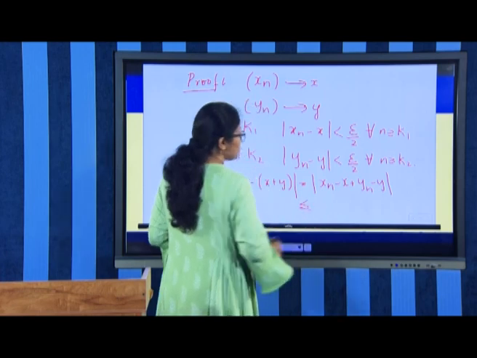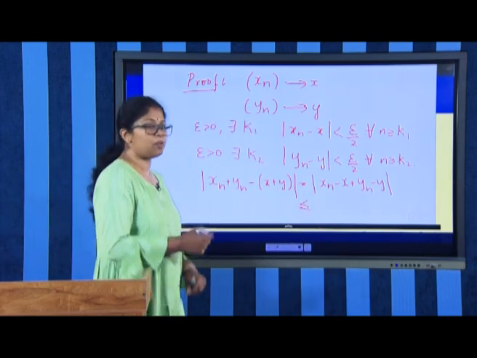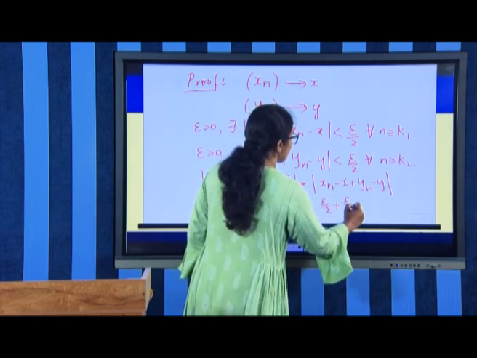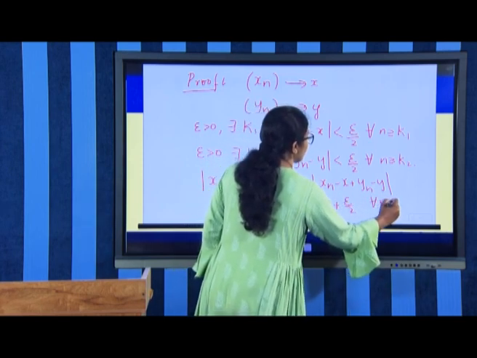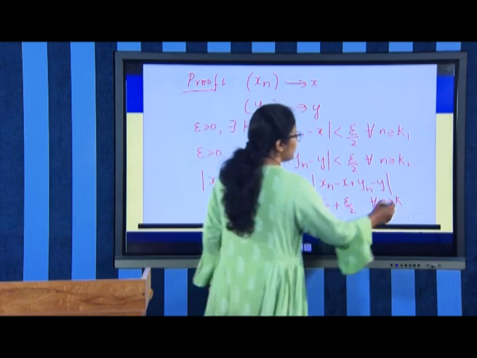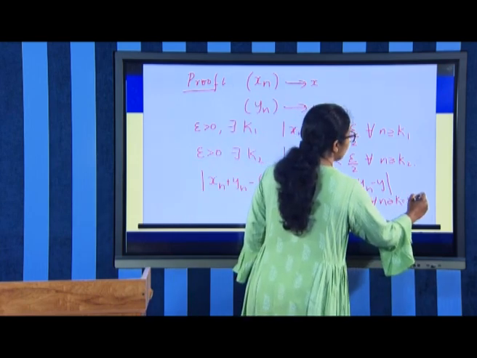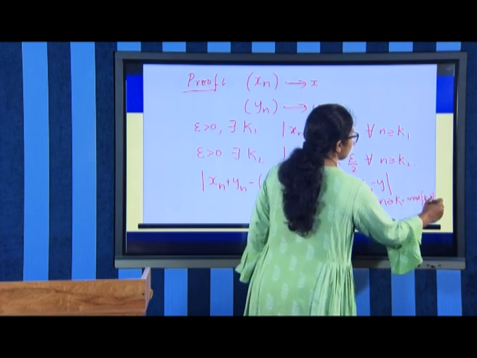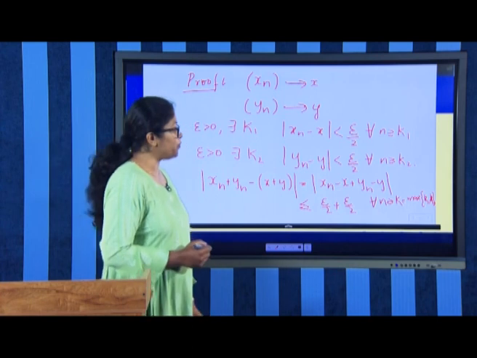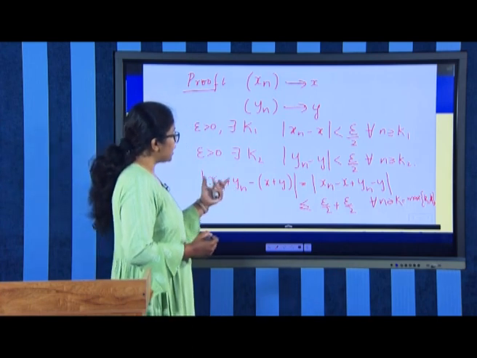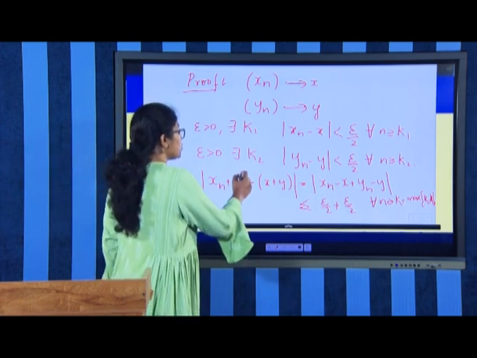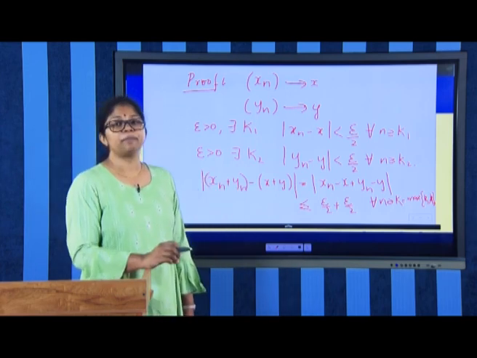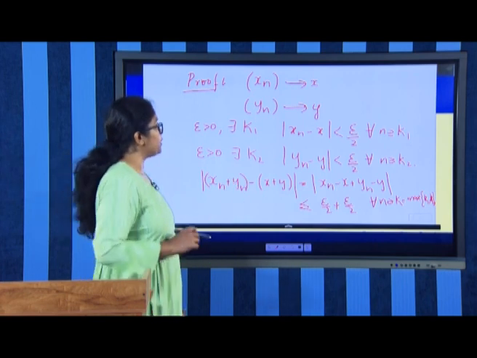So, this is less than or equal to mod xn minus x plus mod yn minus y, and that is less than epsilon by 2 plus epsilon by 2 for every n greater than or equal to k, where k is the maximum of k1 and k2. That is how we prove that modulus of xn plus yn minus x plus y is less than epsilon. That completes the proof of the first part.